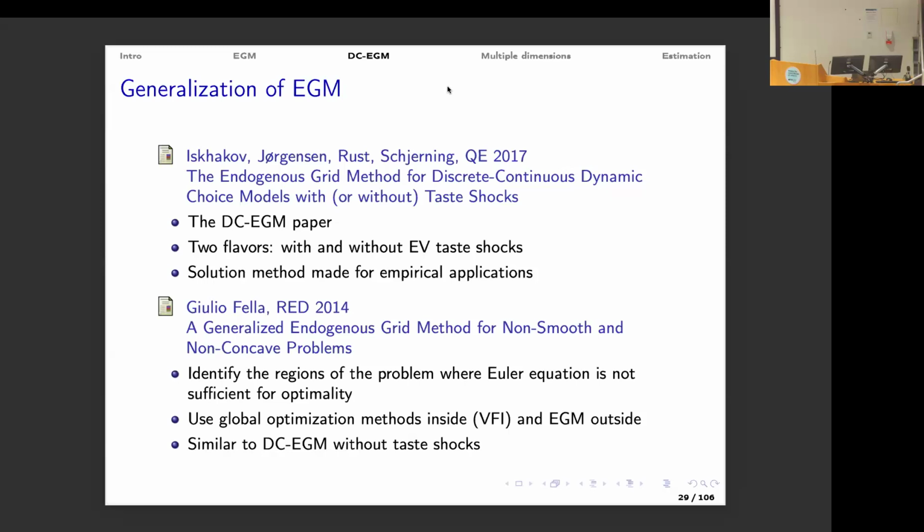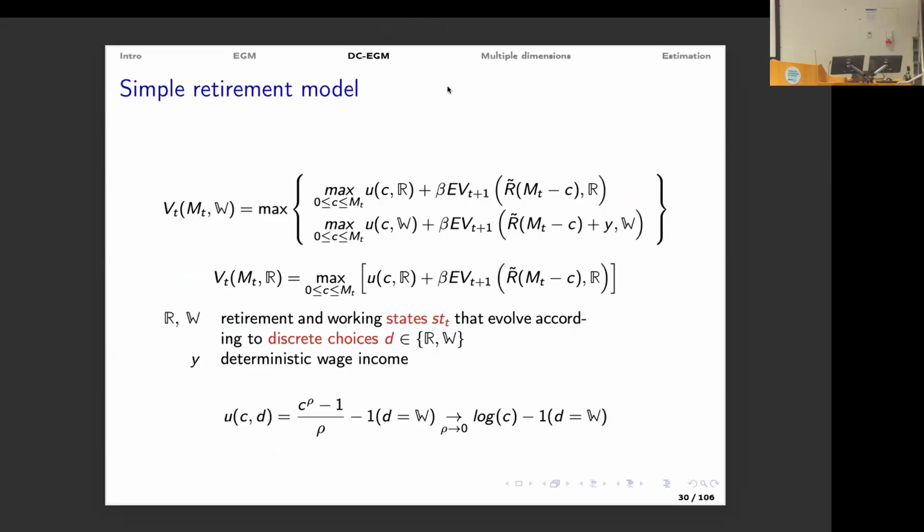And we had a similar idea, but we were motivated by the discrete-continuous choice combination. They're slightly different, and it turns out that adding the taste shocks, in particular in this extreme value distribution sense, actually helps a lot.